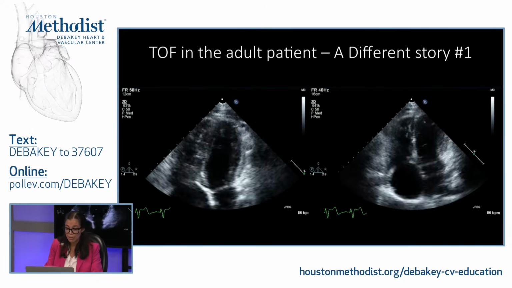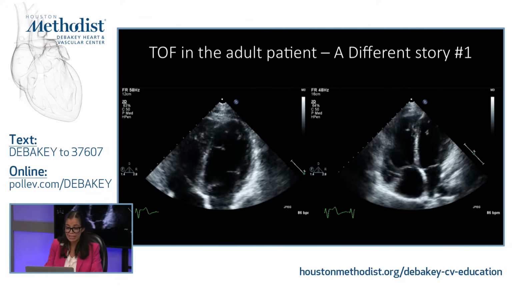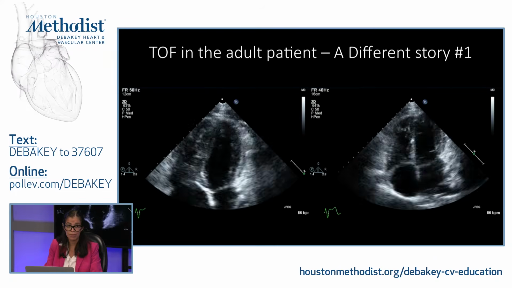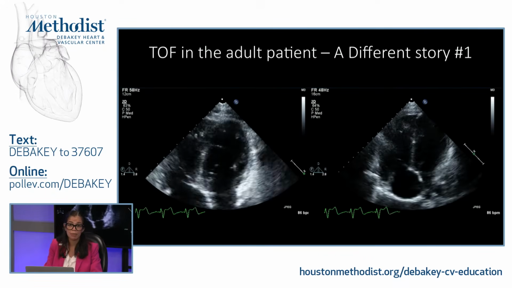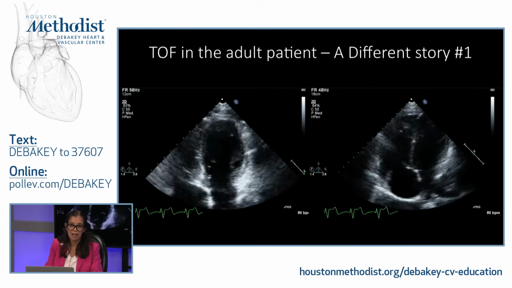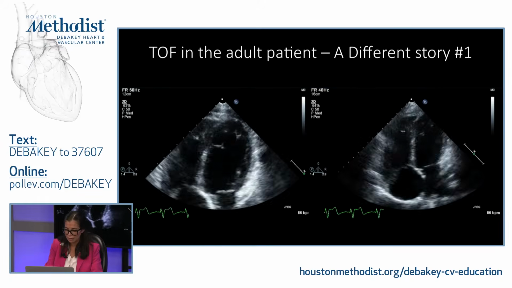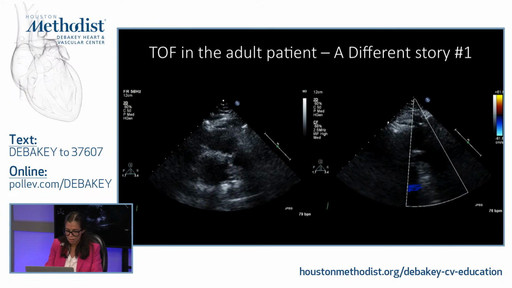And I should remind you that our TR jet velocity here is giving us an estimate of the RV systolic pressure, not PA systolic pressure, because our pulmonary valve a lot of times has a gradient across in these patients. But that's a very important piece of information.